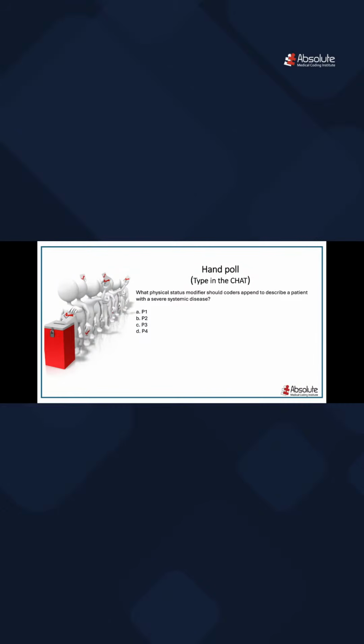What physical status modifier should the coders append to describe the patient with severe systemic disease? Option A, P1. Option B, P2. Option C, P3. Option D, P4. Severe systemic disease.